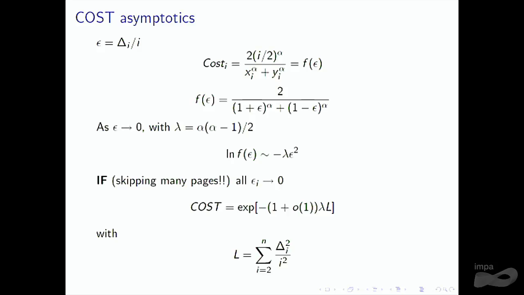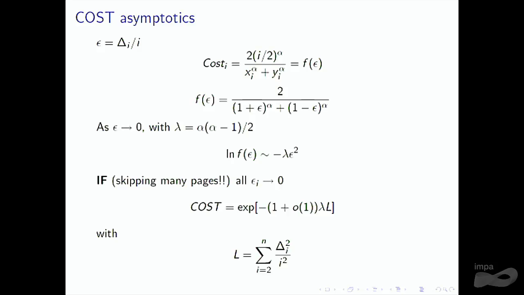Now here are the asymptotics of the cost. So up to now everything's been exact, but now I will do some asymptotics. If you let epsilon be the ratio delta i over i, then the cost is given by, still exactly by, this function of epsilon, so that's still exact.